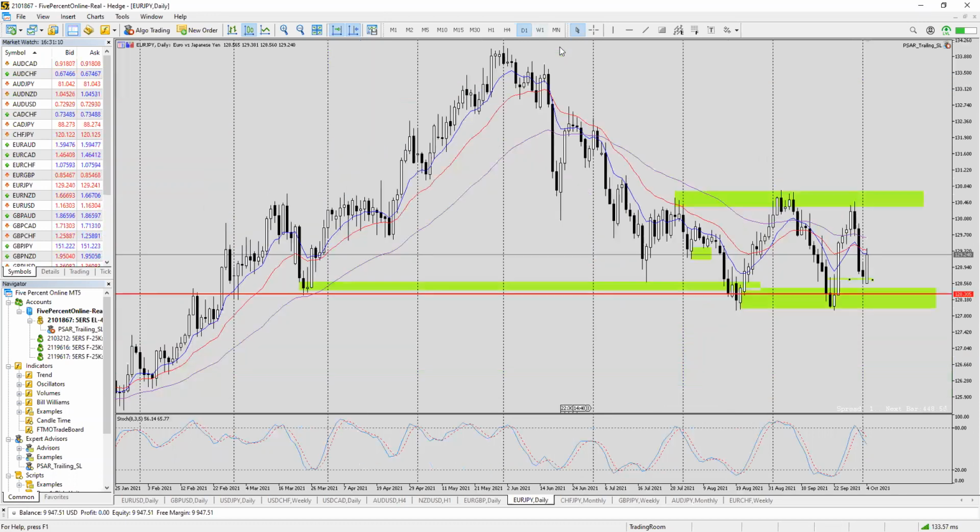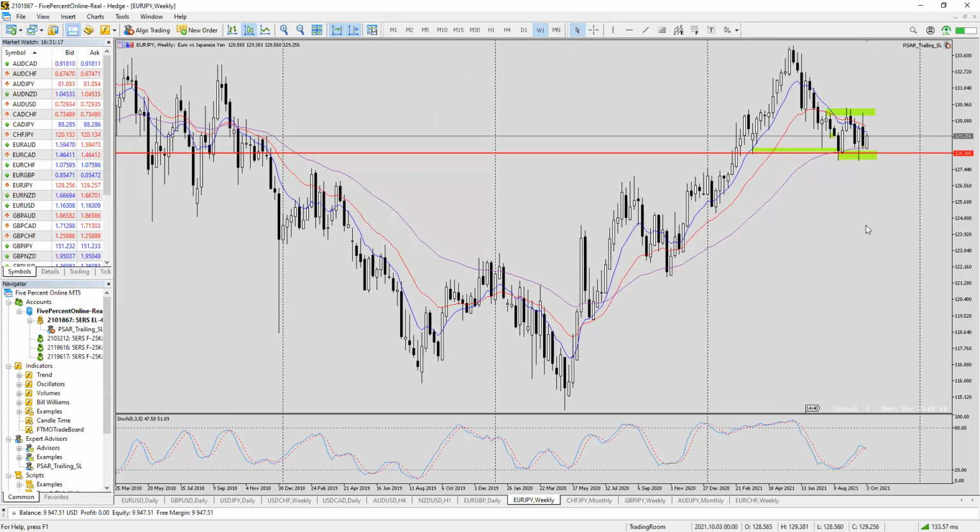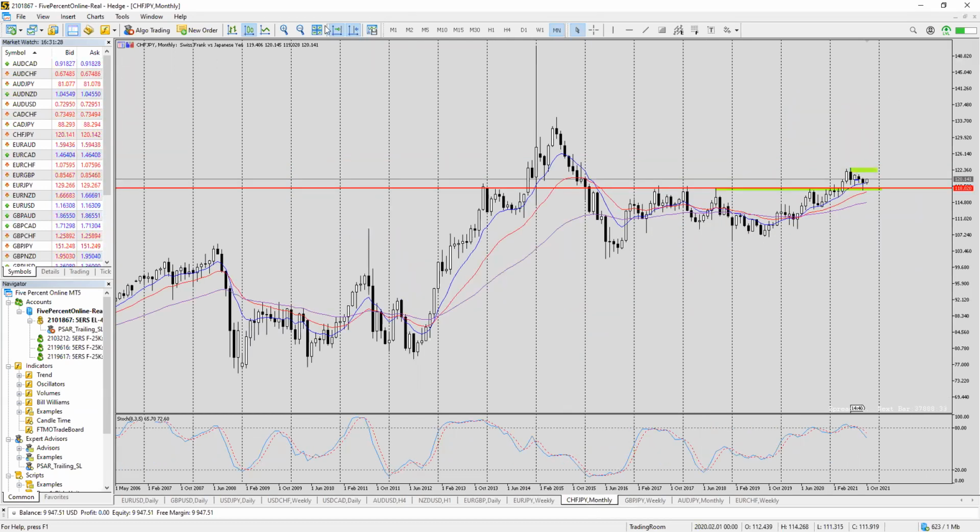But again, overall, at the moment, the trend is not super clear. However, what I wanted to say about Euro Yen and especially Swiss Yen is that in the long term, again, not sure until we have a decision, it could continue pushing higher, especially the Swiss Yen.